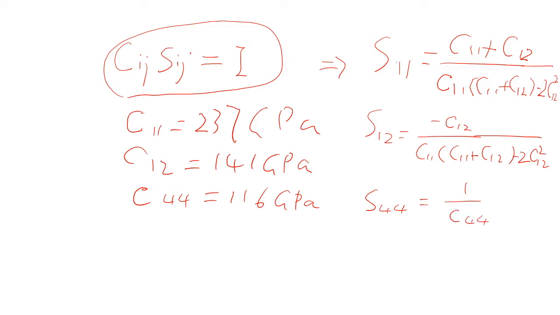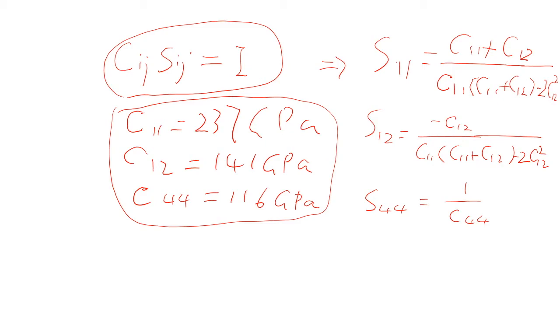We already know the values of C11, C12, and C44, so we can calculate S11, S12, and S44. Did you actually invert the matrix by hand, or did you just look up the relationship? Yeah, by hand. Okay, it's a 3 by 3, so it's not bad. But you could also just do it numerically.